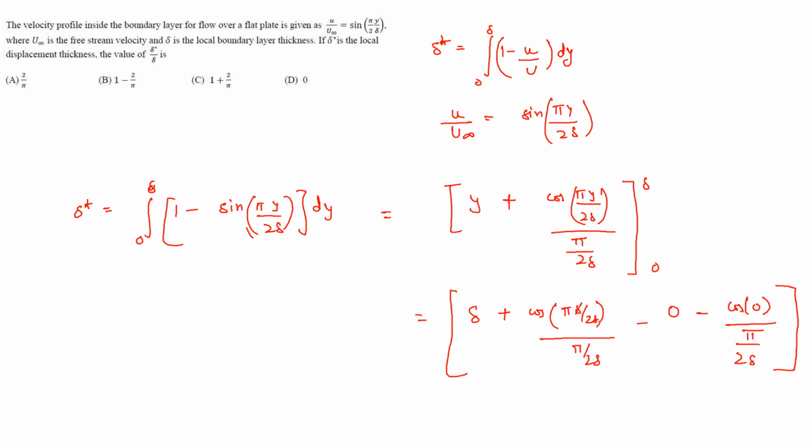If you cancel this out, cos pi by 2 is 0, so this term will go away. This will be delta minus cos 0 is 1, and this will be 2 delta over pi. This is your delta star, and then you can divide by delta on both sides. So this will be 1 minus 2 over pi.